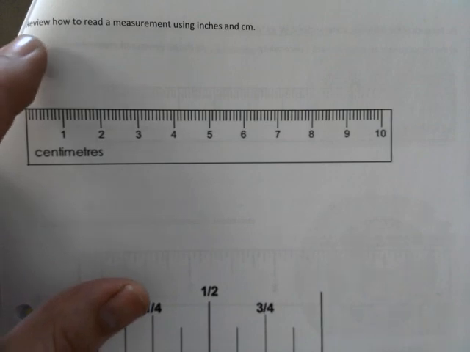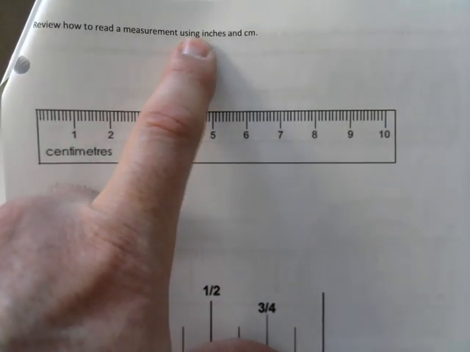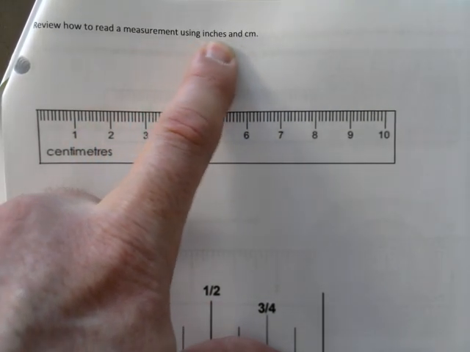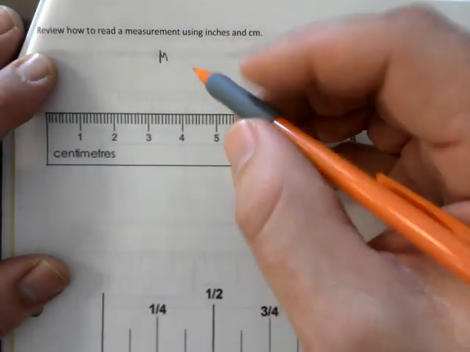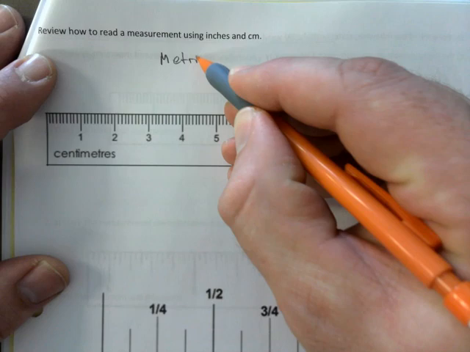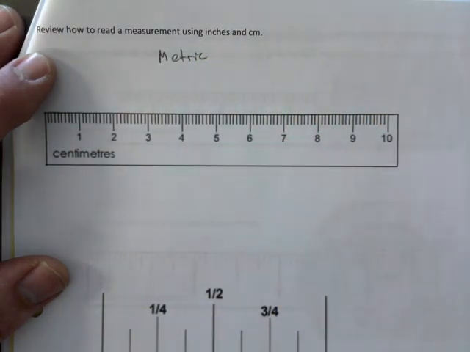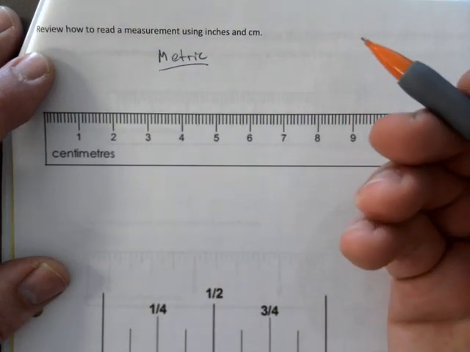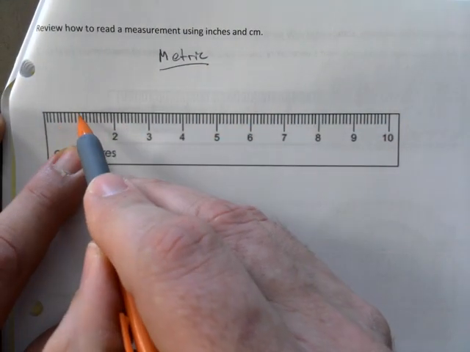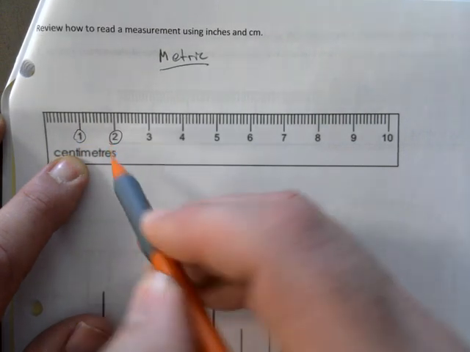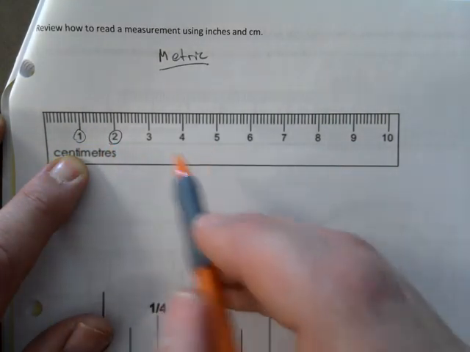All right. Review how to read a measurement using inches and centimeters. So this would be the metric. This is on page 18. Metric is just meters, centimeters, the metric system. Do you remember that? I think you do. But anytime, you just count from one number to another number, how many gaps are there if you're not sure.